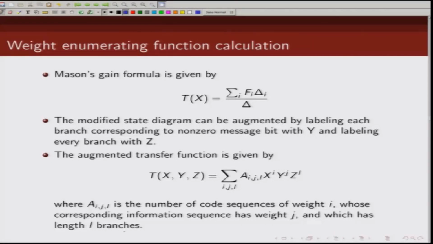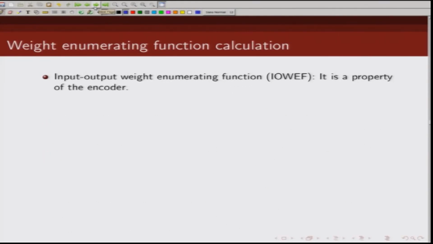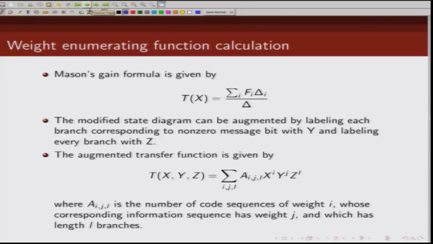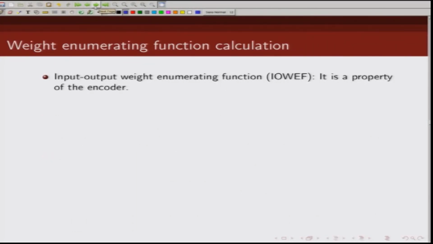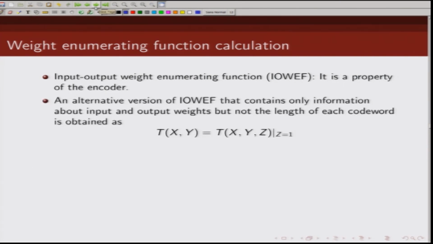By length I mean the time from when it diverges from the all zero state until it comes back to the all zero state. So, this is what we call the input output weight enumerating function, because this function is enumerating for what input you get what output. It is a property of the encoder.